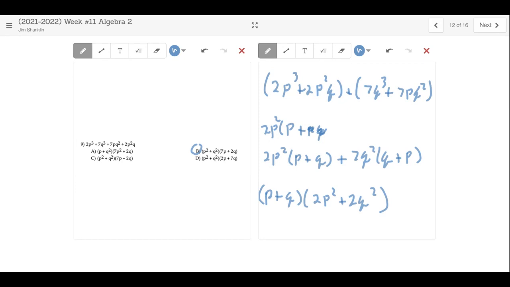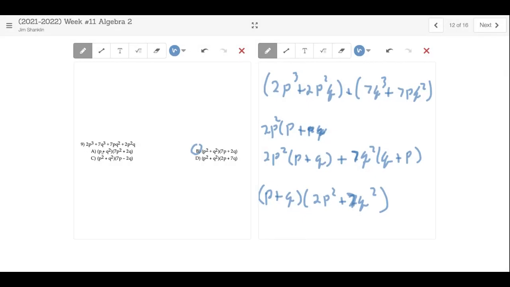Now, Joshua said something. You factor out a 7q squared, not a 2q squared. I can't even read my own writing. That's a 7 there. Okay, so that would be 2p, that would be a 7 here, but I still don't think that's an answer up there, is there?